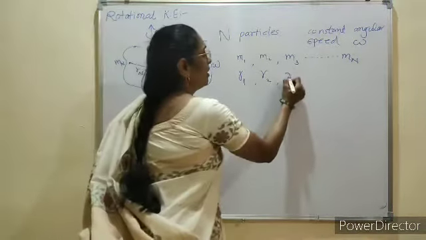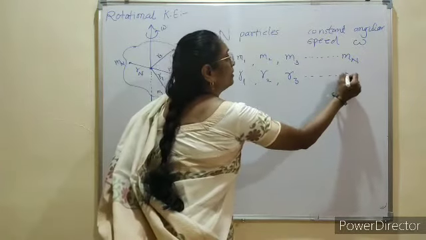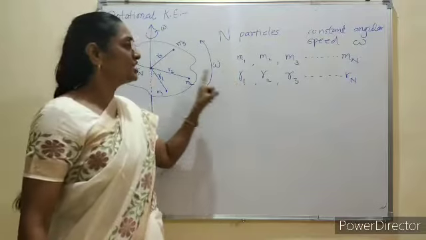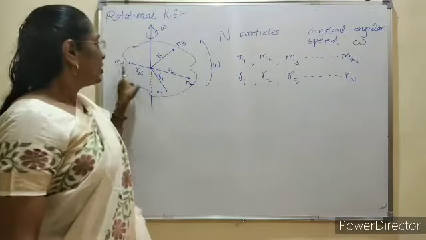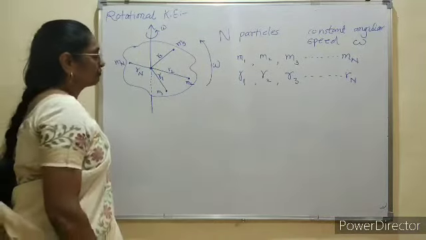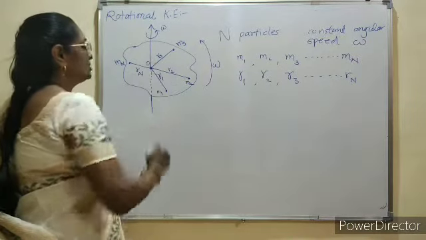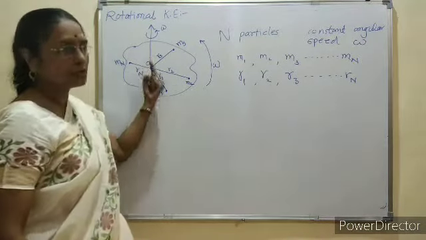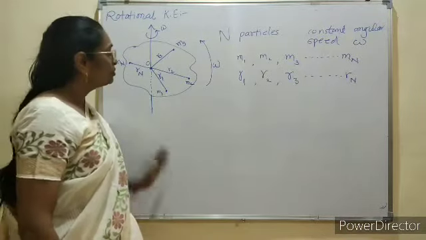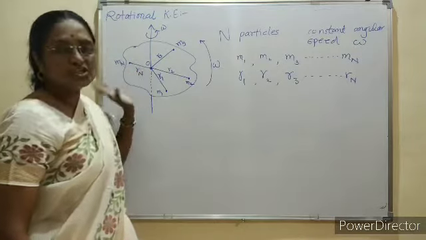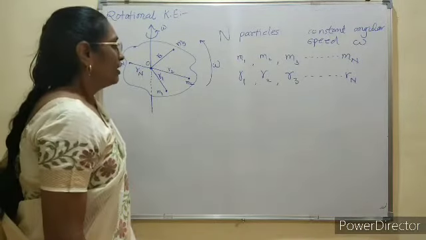So r1, r2, r3 are the perpendicular distances from the axis of rotation. Here we denote O as the point through which the axis of rotation passes through the body, or here through this section of the body.